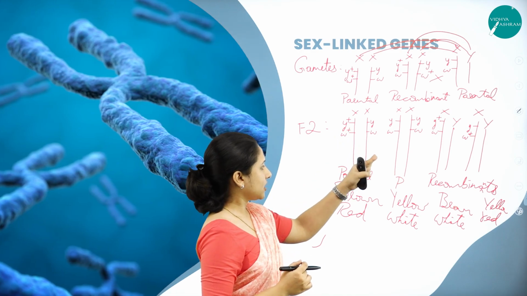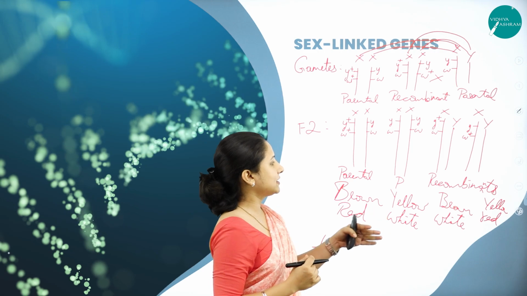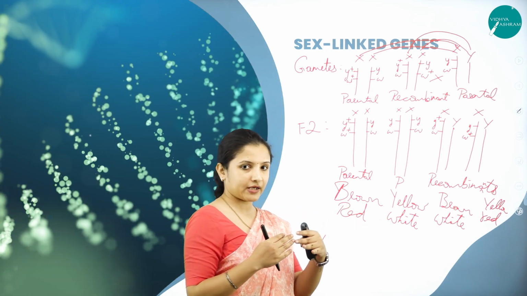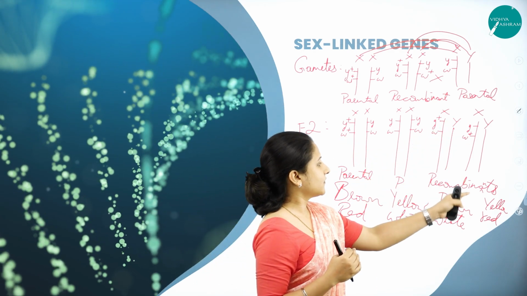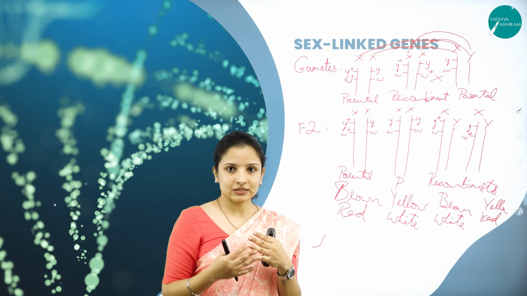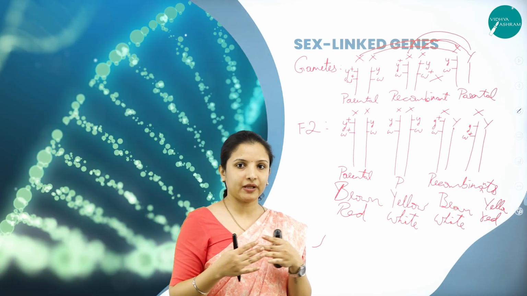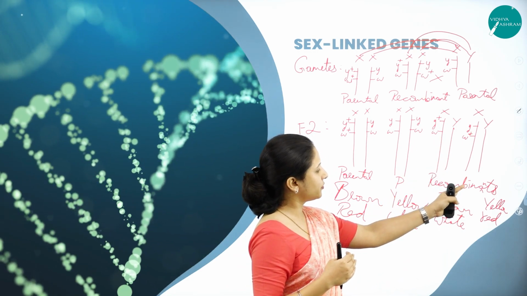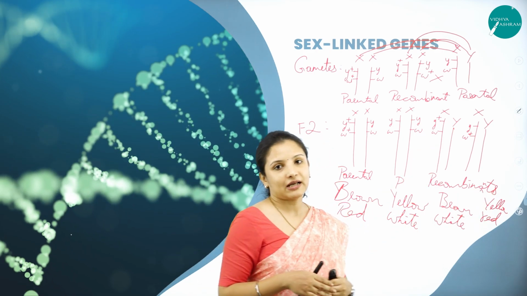The progenies wherein these are the females, they have received the same set of genes as that of the parents. So it is retained as such, but the males have received genes that have become recombinants because crossing over has taken place, and therefore they produced brown-bodied white-eyed male and yellow-bodied red-eyed male.